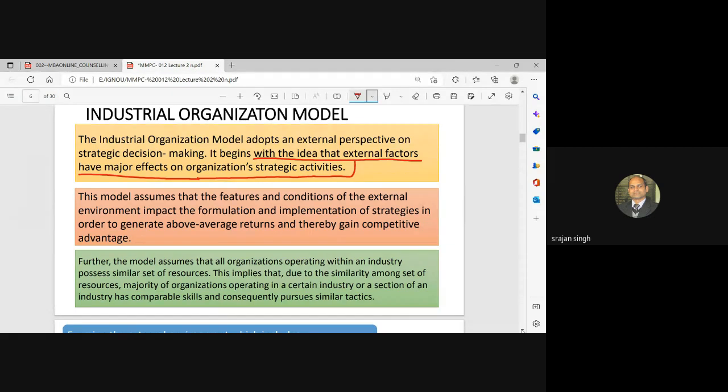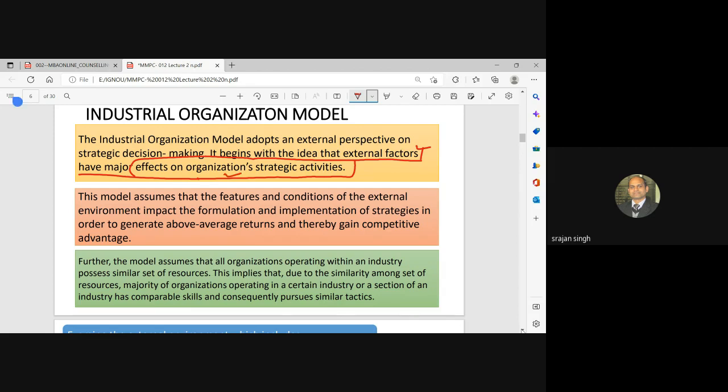The reason is that internal forces are controllable to a great extent, whereas external factors or external conditions are not controllable. That's why external factors pose a great impact on organizations' strategy activities.